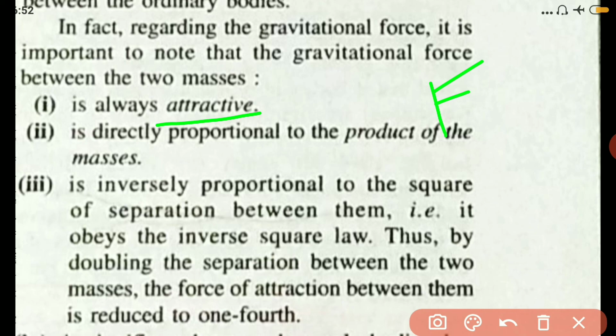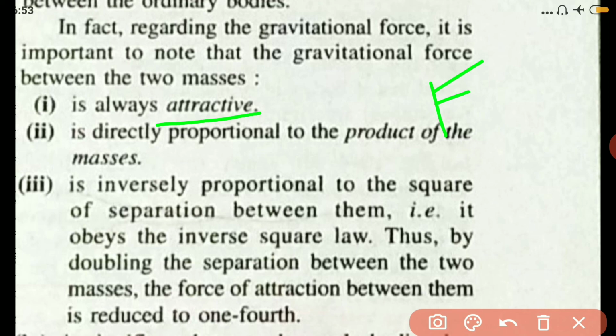Number three, it is inversely proportional to the square of the separation between them. That means as the objects go far away from each other, the force of gravity between them decreases. Thus, by doubling the separation between the two masses, the force of attraction between them reduces to 1/4.